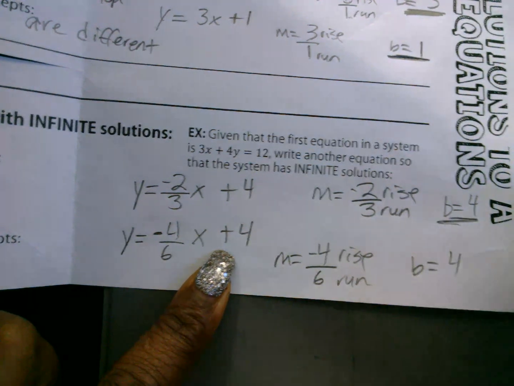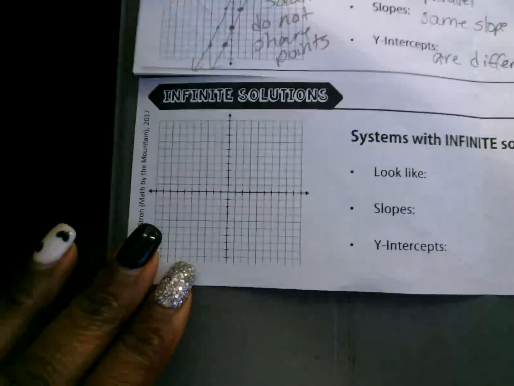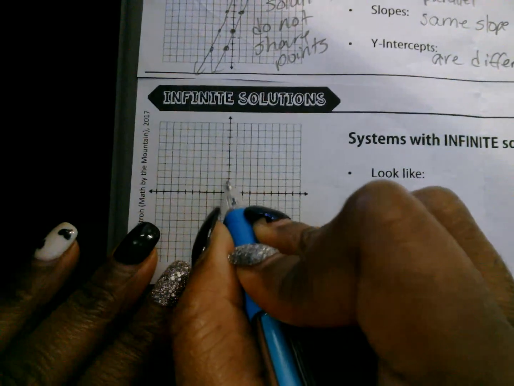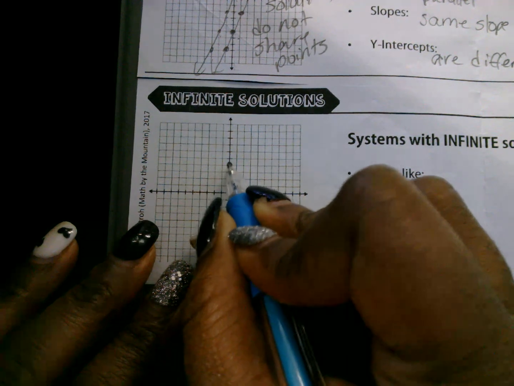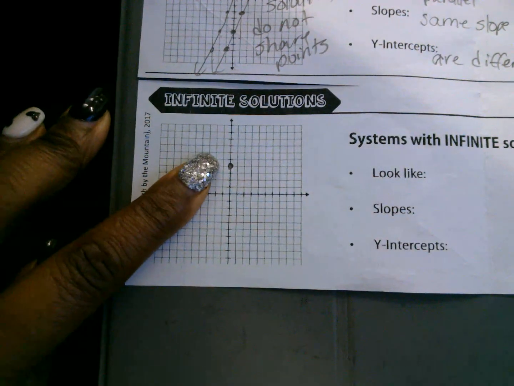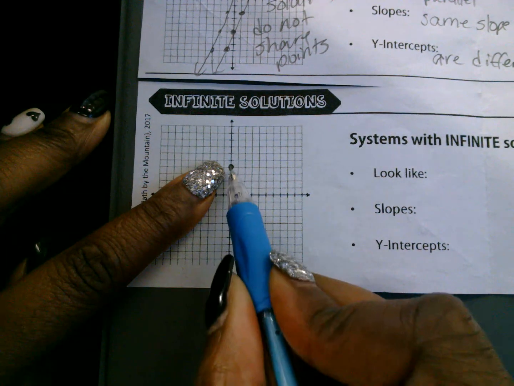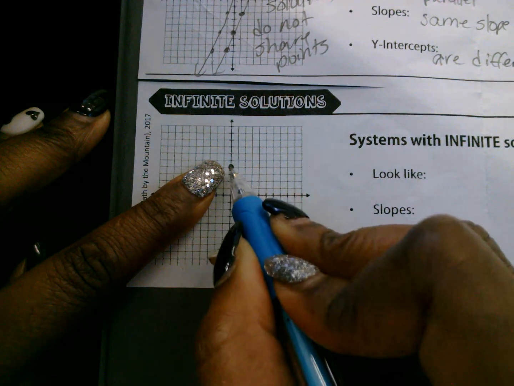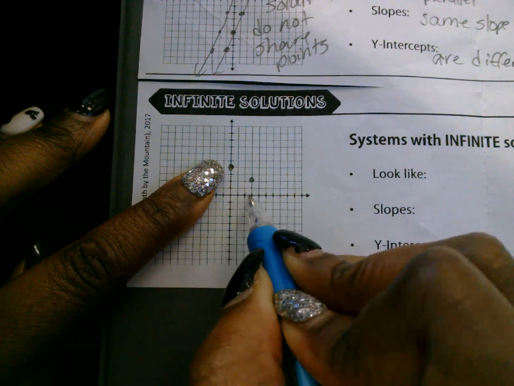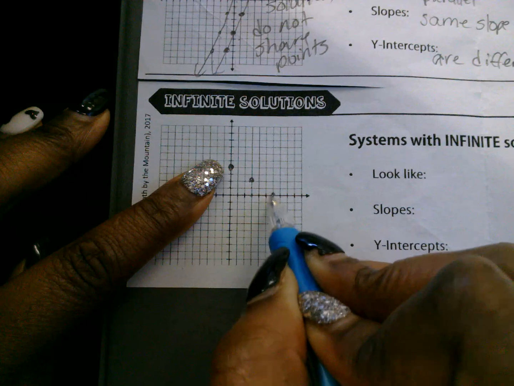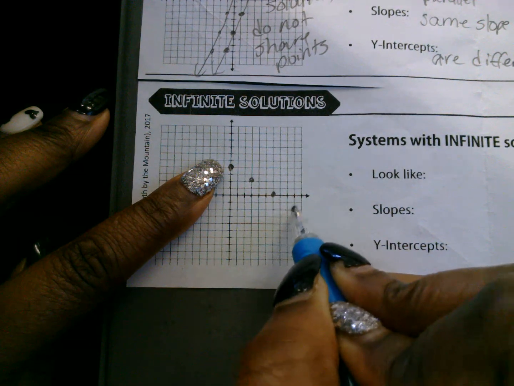We're going to find 4 on the y-axis. 1, 2, 3, 4. You're going to go down 2 and to the right 3. 1, 2, 1, 2, 3.